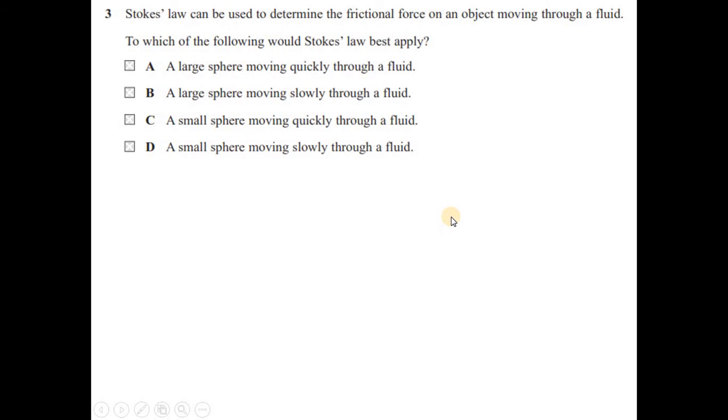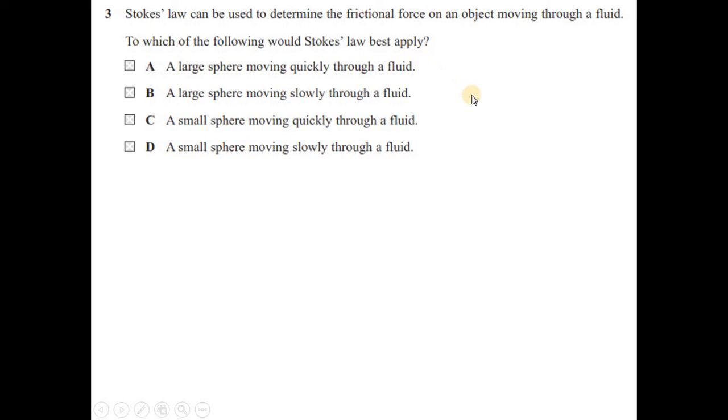Question number 3. Stokes law can be used to determine the frictional force on an object moving through a fluid. To which of the following would Stokes law best apply? A large sphere moving quickly through a fluid. Remember, it's all about Stokes law application.